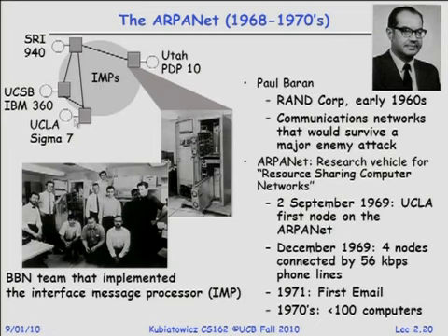By December, there were four nodes, connected by 56 kilobit connections. In 1971, on this very simple system, we got the first email. Through all of the 70s, there were fewer than 100 computers on the whole net. How many are there today?